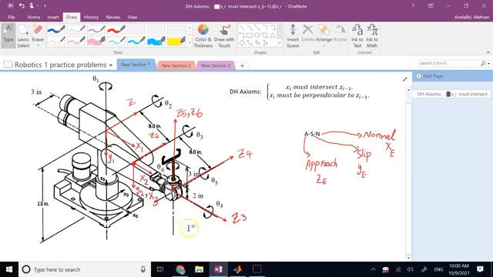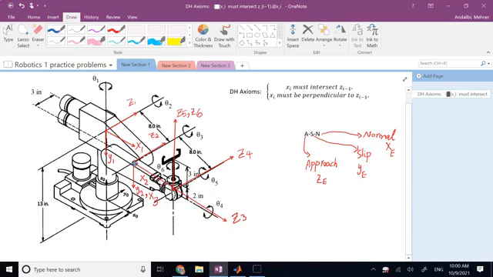And so for that reason, I have to extend my z3 all the way to be what? Go to the origin of 2. So origin of 2 and origin of 3 are going to be on the top of each other, and for that reason I can get rid of this line for x2 and make both of them to be the same thing, right? And that makes this whole thing a little bit easier.